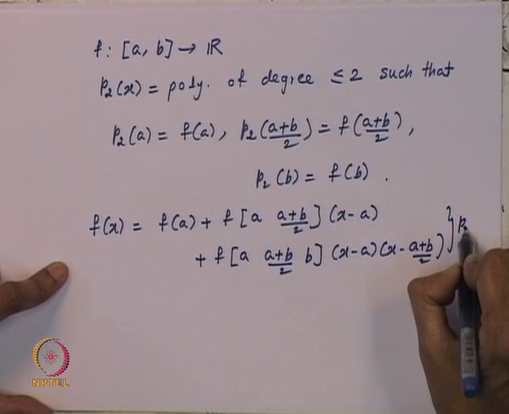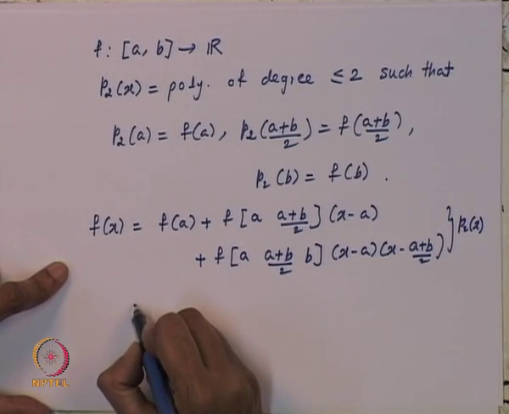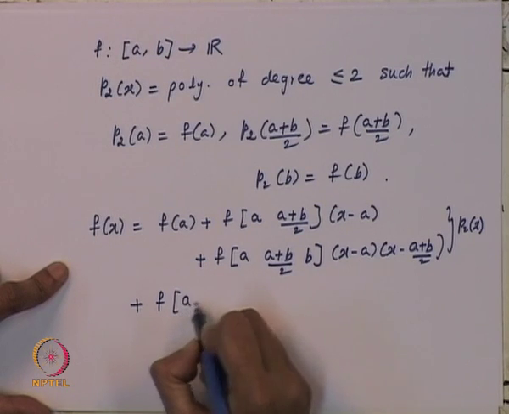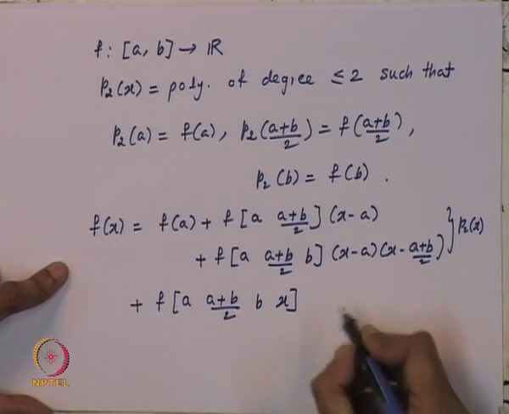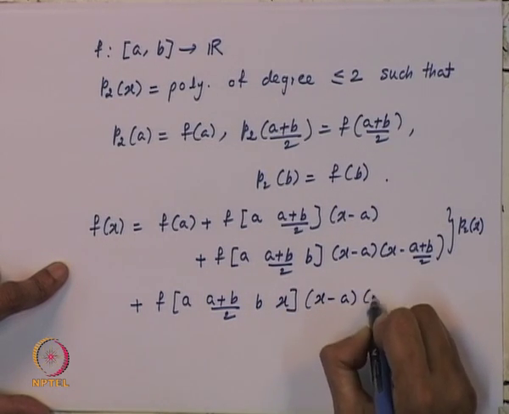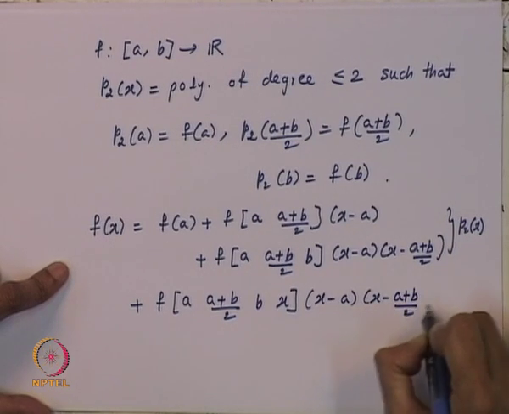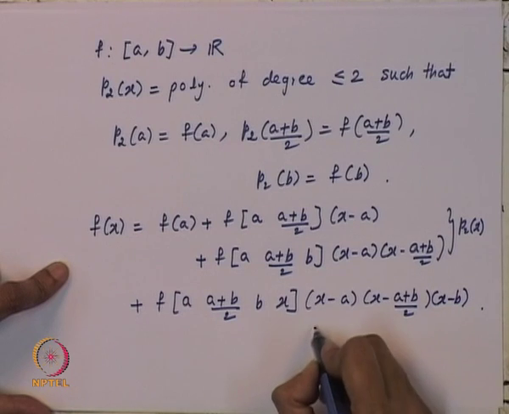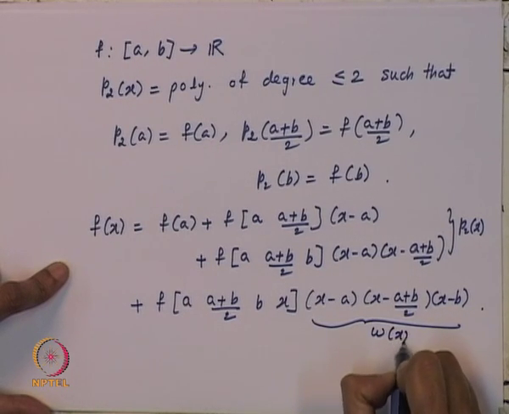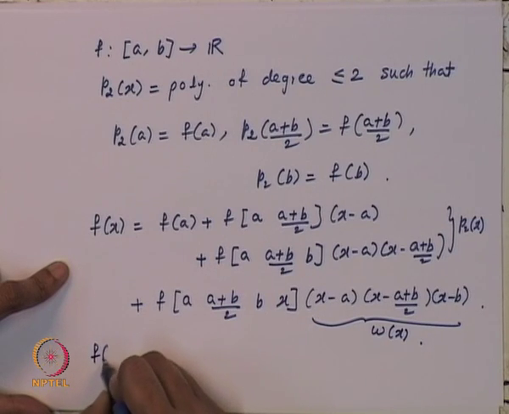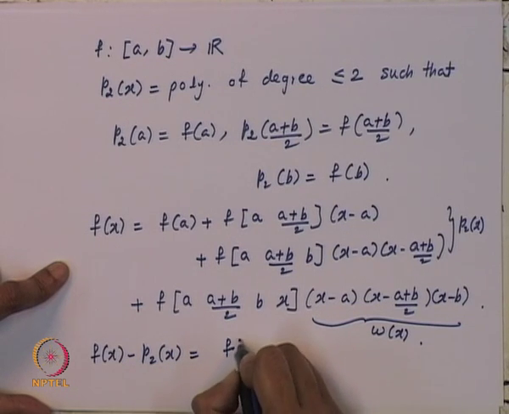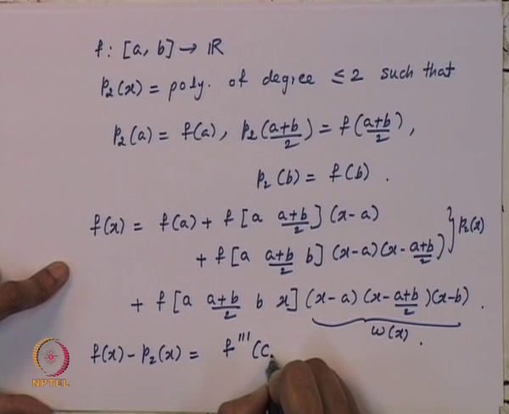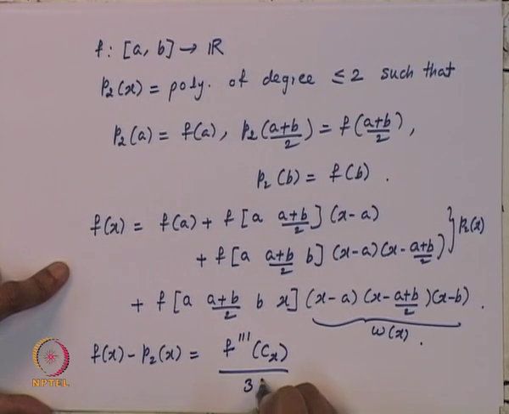So, this is p_2(x), and the error term is going to be the divided difference f[a, (a+b)/2, b, x] into (x minus a)(x minus (a+b)/2)(x minus b). Let me call this w(x). So, we have f(x) minus p_2(x) is equal to f triple dash at some point c divided by 3 factorial and then w(x).